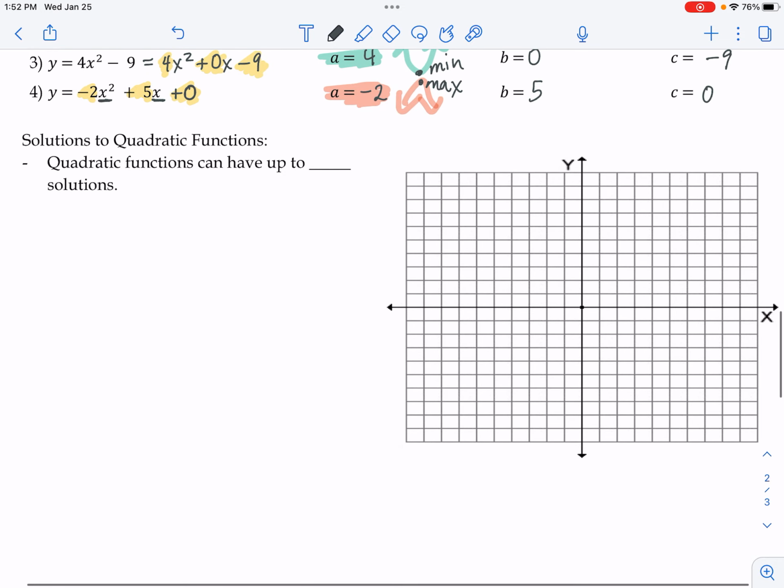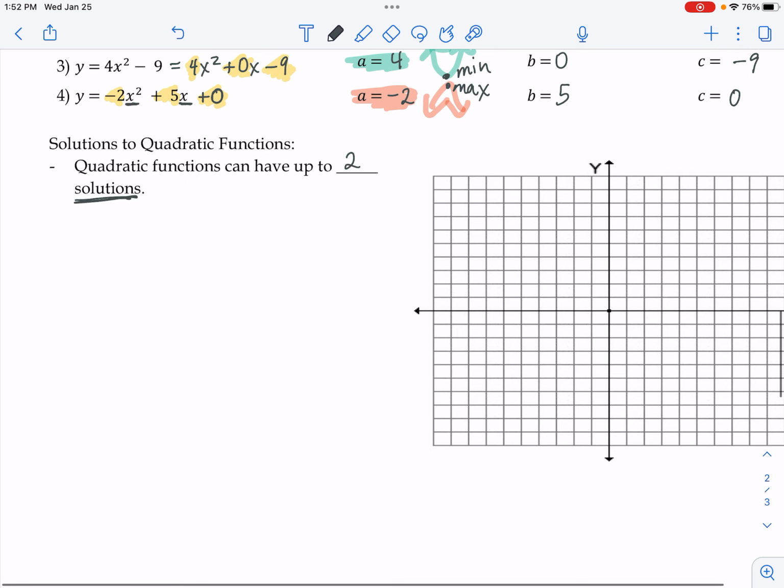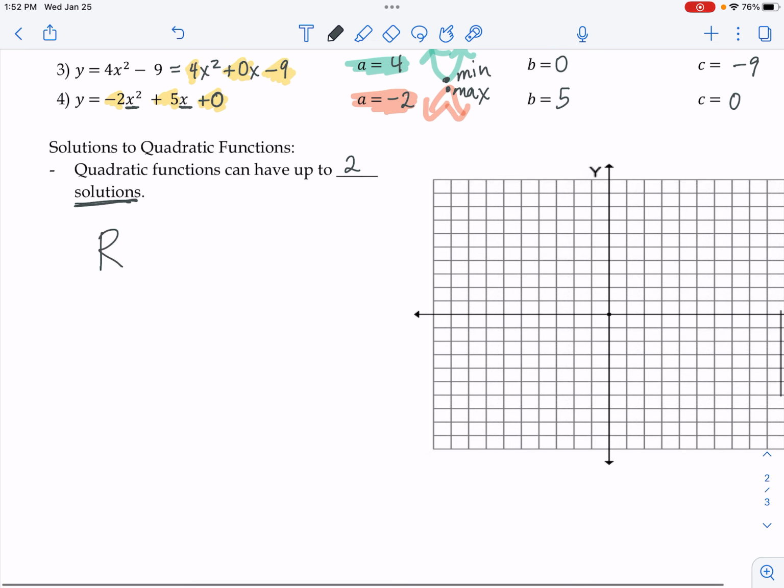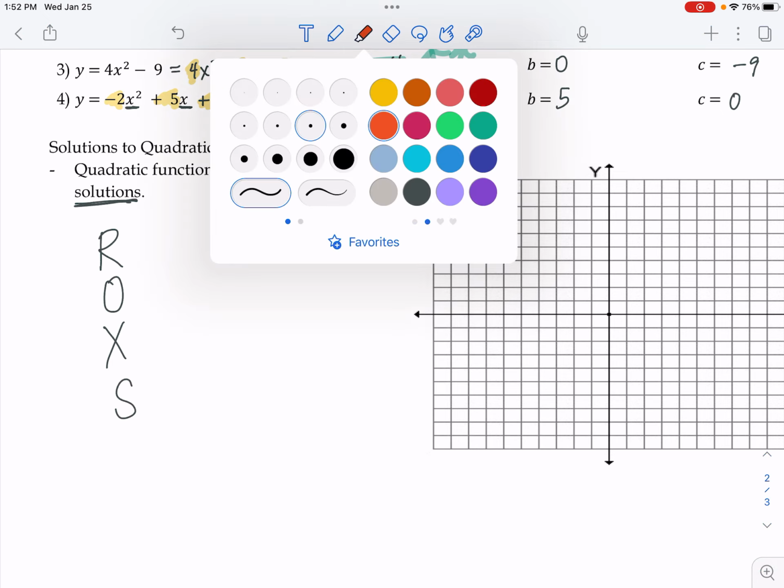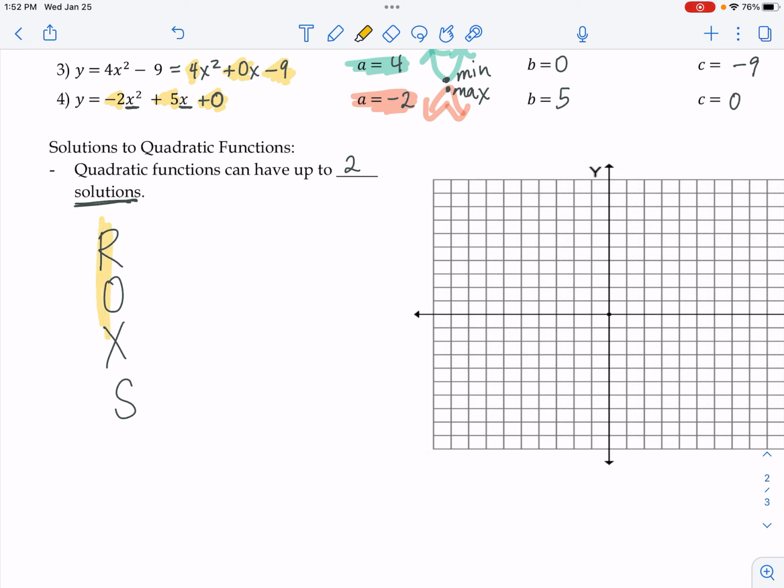All right. And so when we get to solving, quadratic functions can have up to 2 solutions. And then remember, solutions are the x-intercepts. And so this is where I want you to write the acronym ROXS, R-O-X-S. These are going to be the 4 different names we have for x-intercepts.